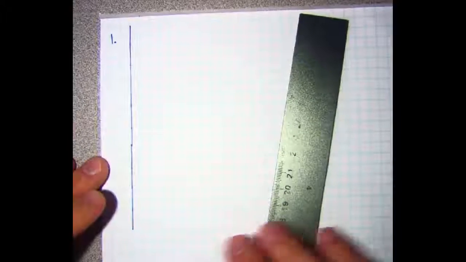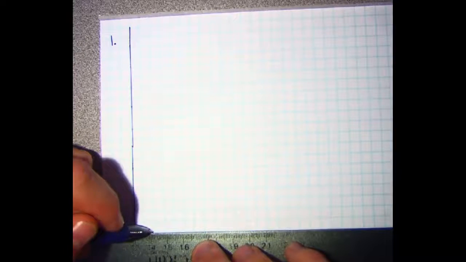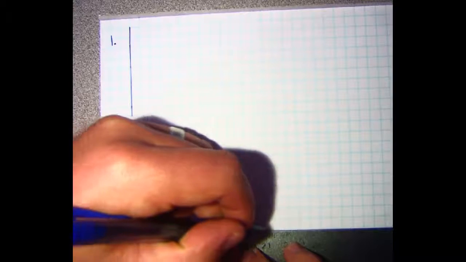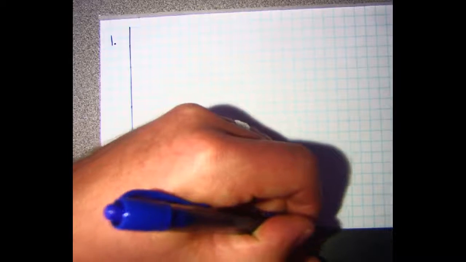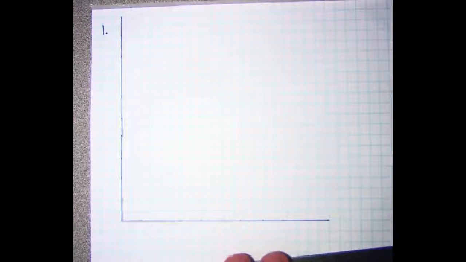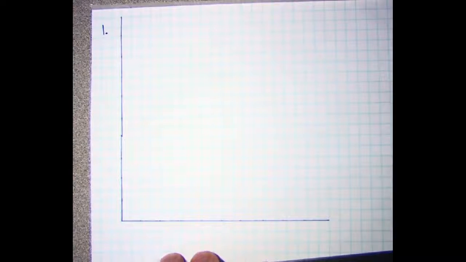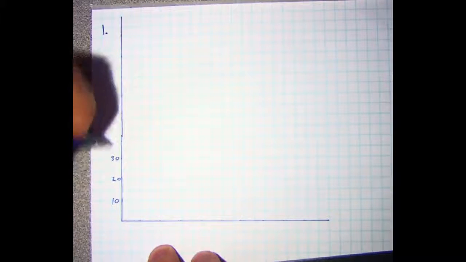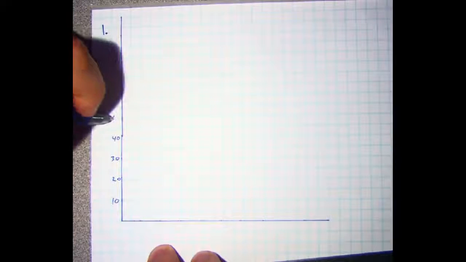And then just to make it square, let's do 20 horizontally as well. 2, 4, 6, 8, 10, 12, 14, 16, 18, and 20. There we go. Good. All right, and go ahead and number it. So let's number this 10, 20, 30, 40.